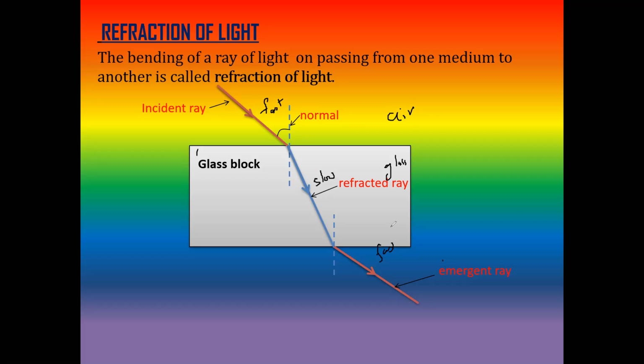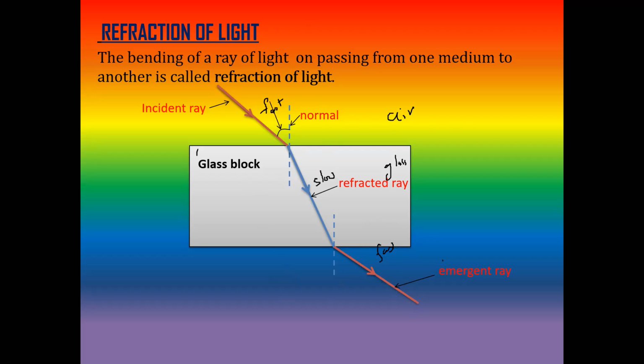And the property of light to change speed, basically the standard definition, is the property of light to change speed when traveling from one medium to another. Because it is not necessary that light will always bend. If it is passing along the normal, or at 90 degrees, then it will not bend. That's the next example.